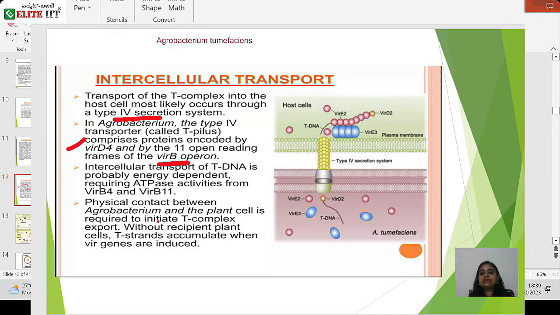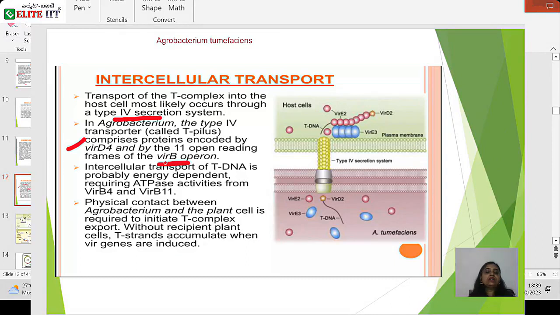It will not be transferred to the plant cell, because the plant cell is not present. So here you have to remember through which transportation is happening: the type 4 secretion system, produced by VirD4 and the VirB operon.